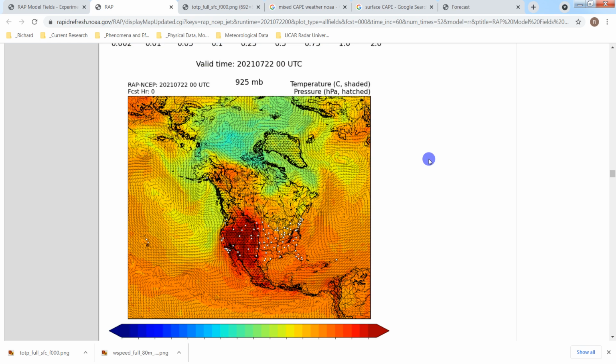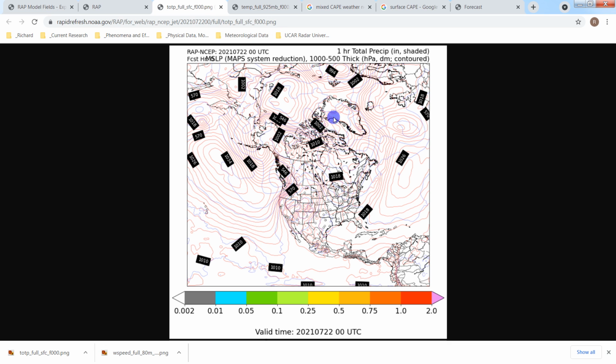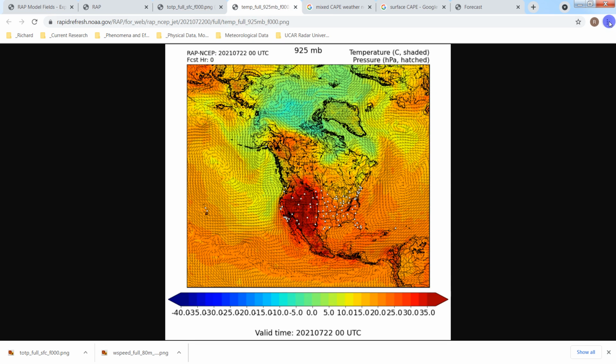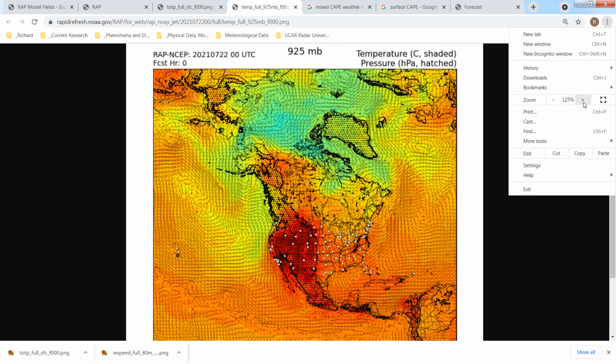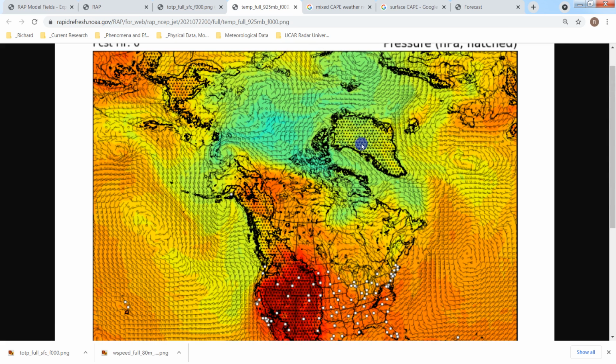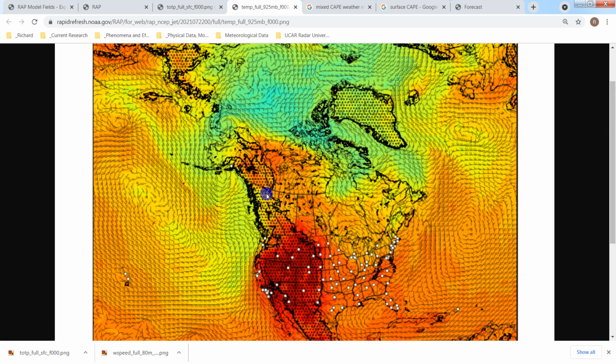Shaded and hatched. Oh, okay, so there's hatched. So you did pressure. Oh man, this is a pain. Open this in a new tab. Not that one here. Go here. Let's zoom this. So they're dotted here. That's not a hatch. Maybe that is a hatch.